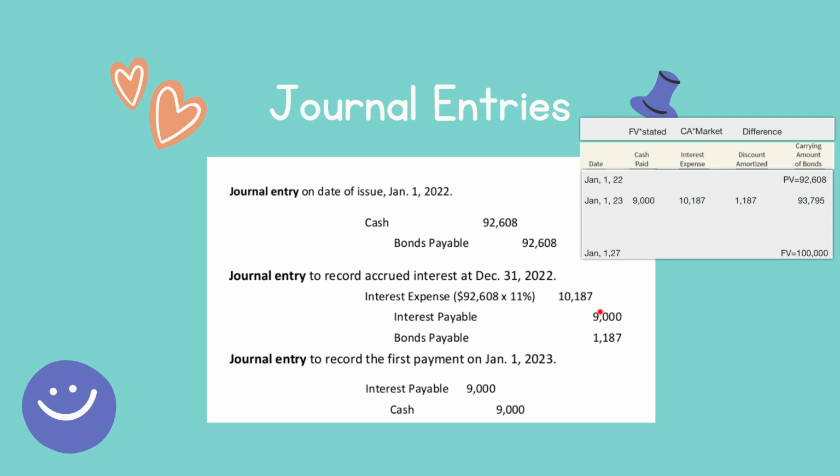Now to balance the entry, I need to record the 1,187. Now how can I record it? As we said, I'm gonna add it when it's discount. So we're gonna add it to the carrying amount of bonds payable. It means I will increase the bonds payable. Bonds payable is a liability. If I want to increase it, I will credit this account. If it's premium, I'll decrease it, so it's gonna go to the debit side.